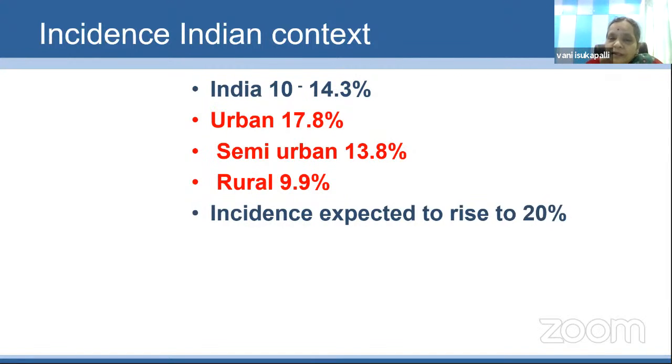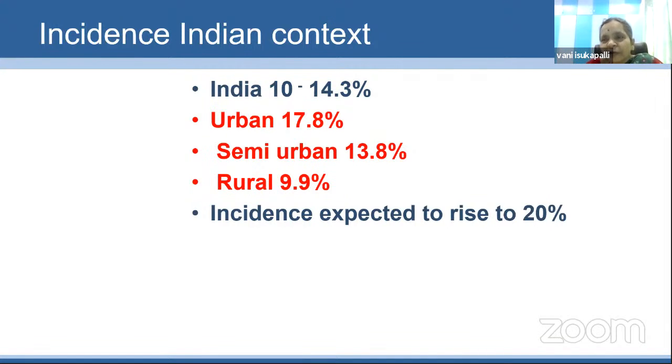In rural, around 9.9%. And in semi-urban, in between these two, that is 13.8%. So these are the statistics mentioned by Government of India itself. And the incidence is expected to rise 20% or even more in the coming next 10 years.